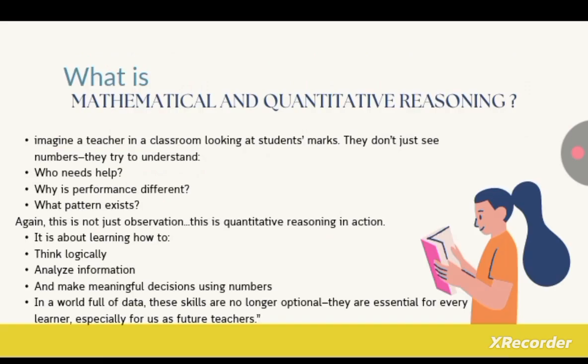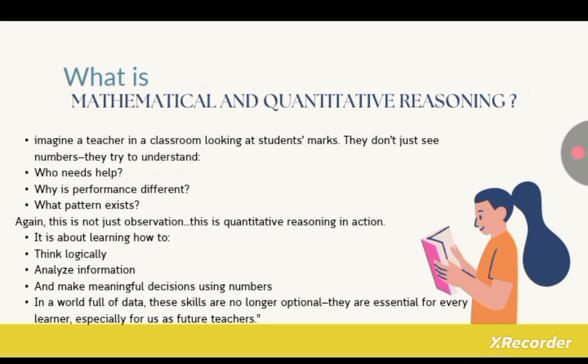For understanding this, let's consider a classroom scenario. Imagine a teacher in a classroom is looking at students' marks. After a test, students get different mark ranges. This is analyzed by a teacher, and what a teacher sees is not just marks or numbers.